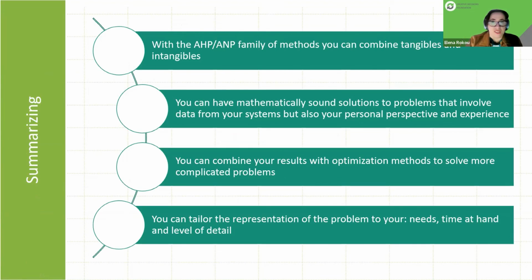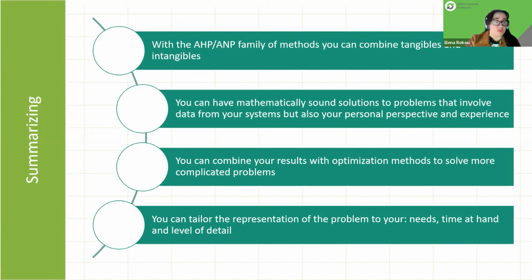Summarizing, with the AHP and ANP family of methods, you saw that we can combine tangibles and intangibles. We can have mathematically sound solutions to problems that involve data from a system, but also personal perspective and experience, because we don't want to take out one or the other from our decisions.